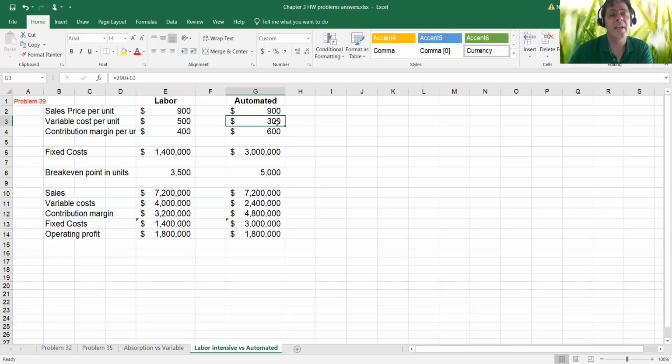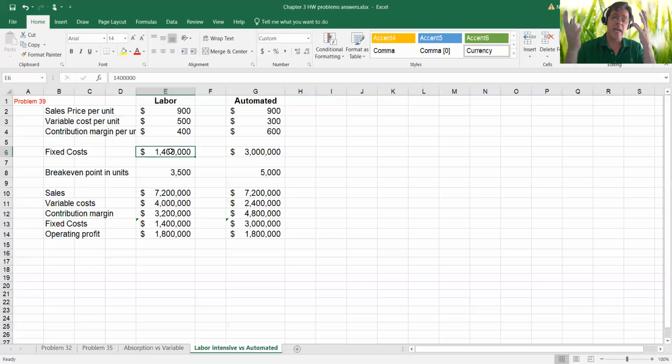The automated, it's $290 for materials or direct labor, that sort of thing, and overhead, and $10 as well for variable selling, because you wouldn't expect the selling costs to be different whether you did it with a labor process or an automated process. So under the labor-intensive process, it's 400,000 contribution margin, automated 600,000.